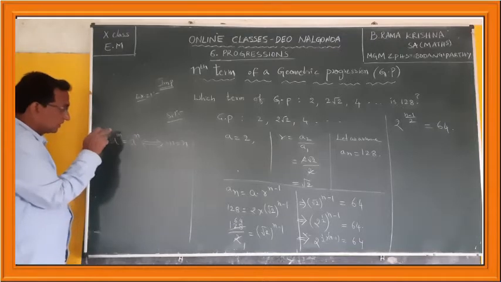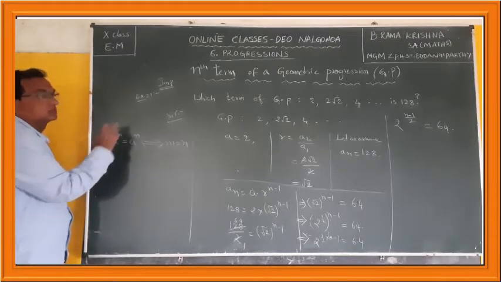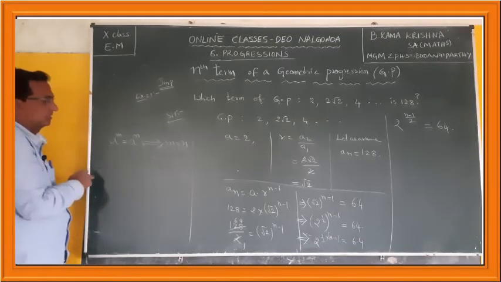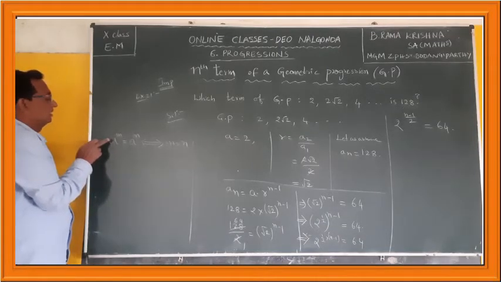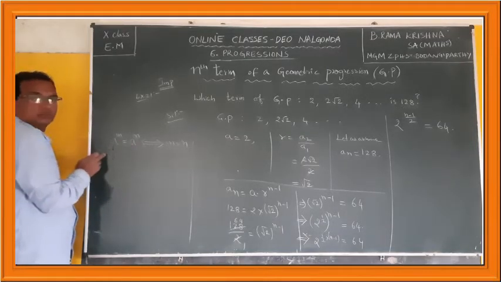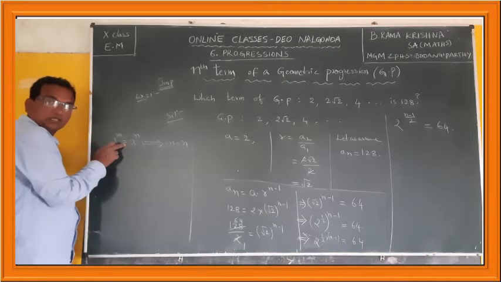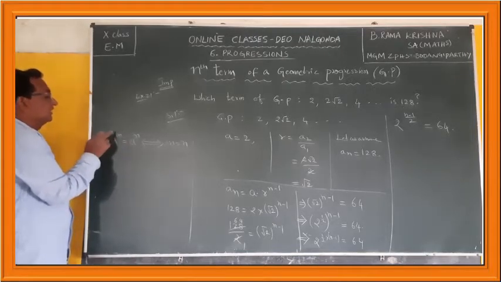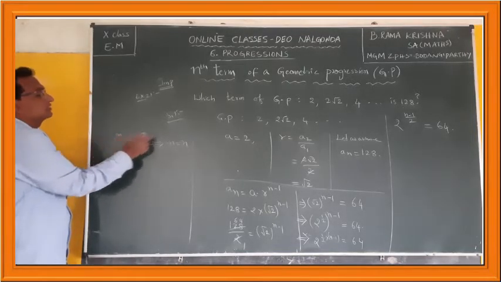If you understand this and apply it, you may get the solution. What is this saying? When the bases are the same and there is an equal sign between them, definitely the powers should be the same.